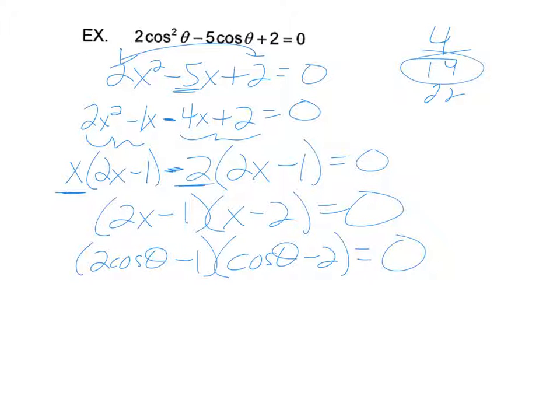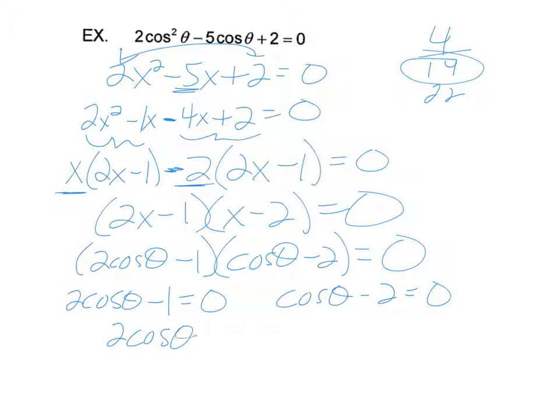Then we'll set each term equal to 0. 2 cosine theta minus 1 equals 0. Cosine theta minus 2 equals 0. Add 1. 2 cosine theta equals 1, and divide by 2. Cosine theta equals 1/2. On the other one, add 2. Cosine theta equals 2.